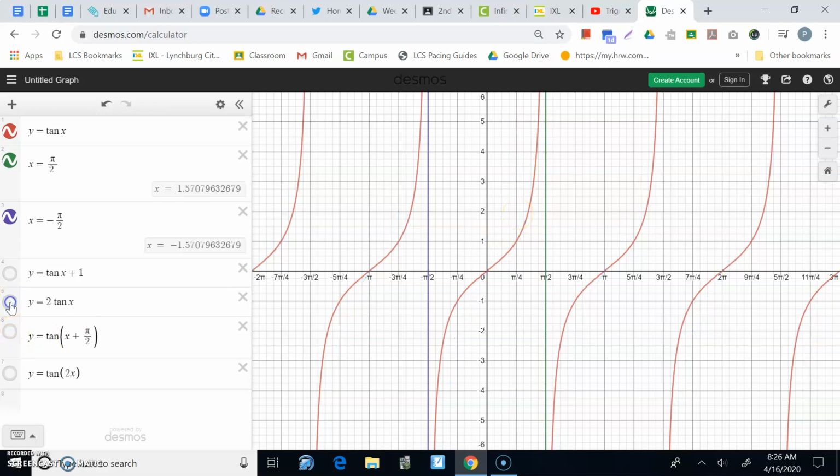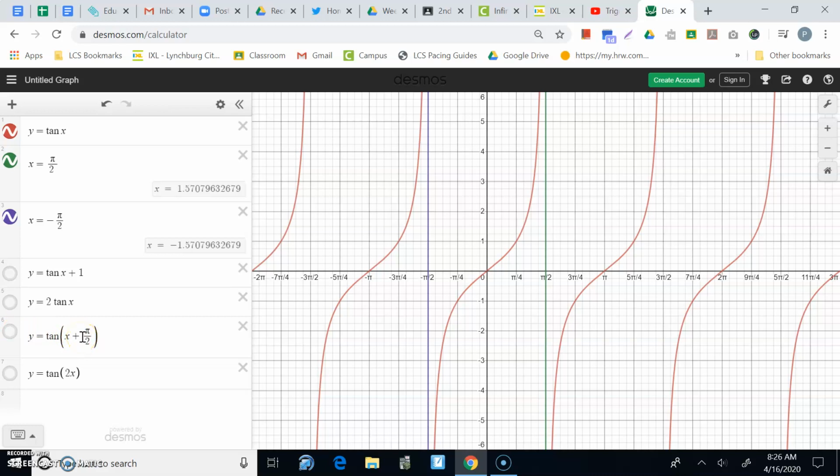So that's your amplitude. You can also shift to the side, a phase shift or horizontal shift, by adding or subtracting within the parenthesis. So here I'm going to show you tan of x plus pi over 2. And remember, in the parenthesis, shifting with a plus sign causes us actually to go left, and with a minus sign causes us to go right. So what's going to happen here is a left shift by pi over 2 units.